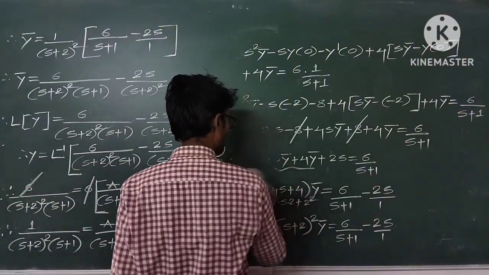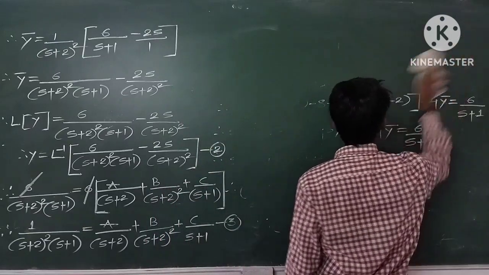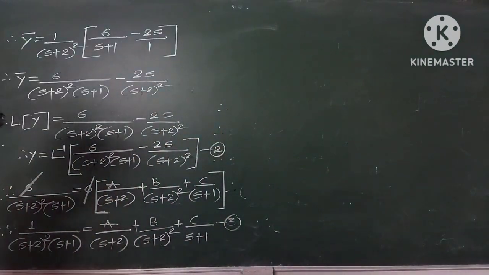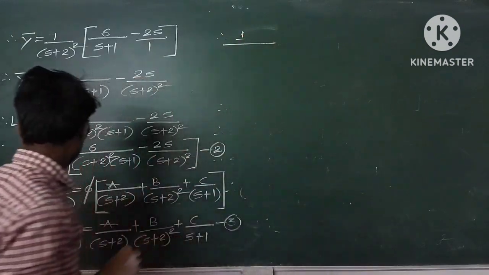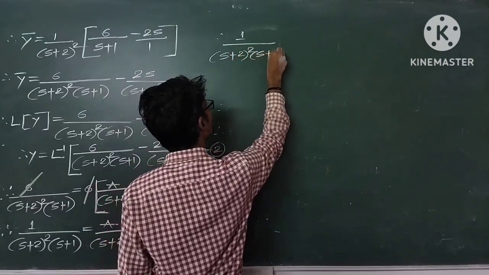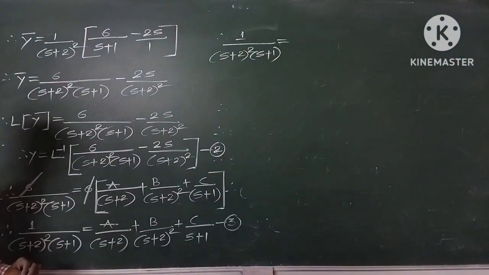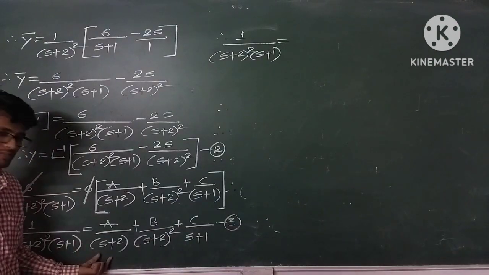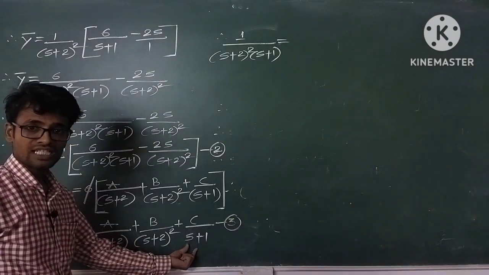Now see, I go for further simplification. I will write 1 divided by (s plus 2) whole square into (s plus 1) is equal to, you find the LCM of the denominators. Here we have s plus 2, here the denominator is (s plus 2) whole square, and here it is s plus 1.